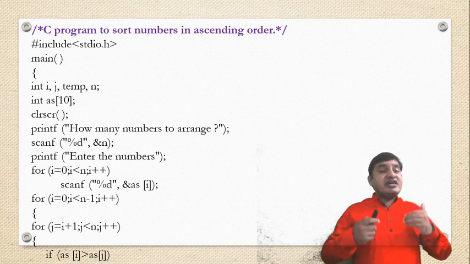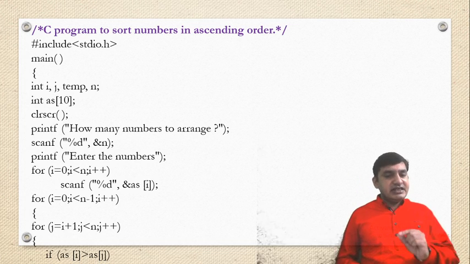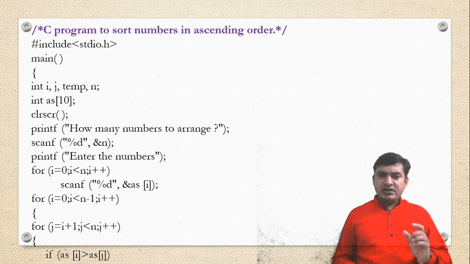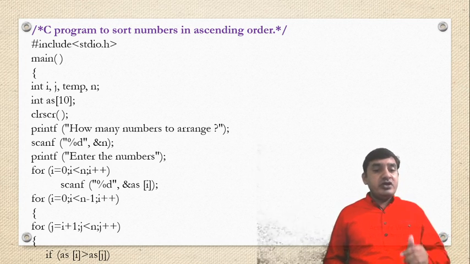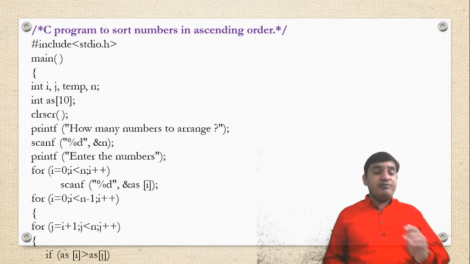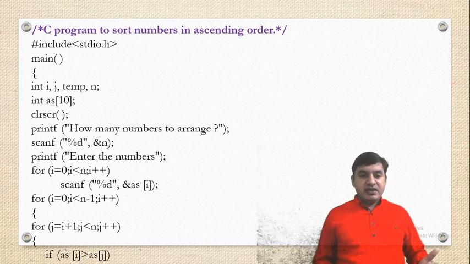Now we have to check the condition: if ascending[i] is greater than ascending[j], and if this condition is true, then the statement below the if statement is executed.